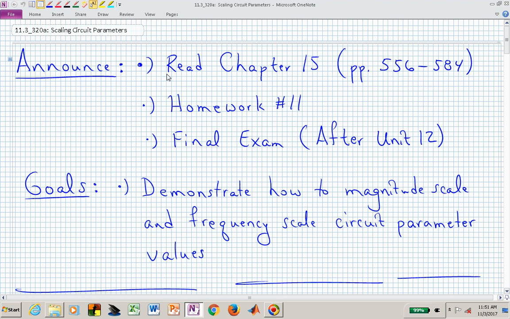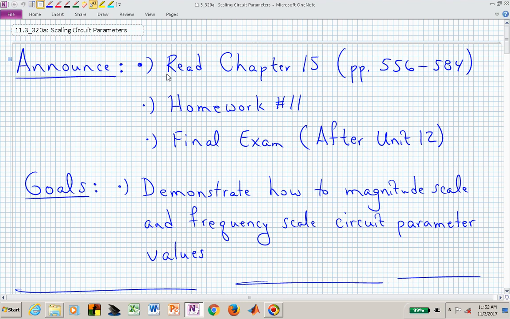So now with the magnitude scaling and the frequency scaling of circuit parameters, we will actually be able to make that happen. We'll be able to achieve the frequency response that we want, even though we might be forced to use a particular parameter value of, let's say, 1 microfarad for a capacitor. Once we've locked in the capacitor, that now imposes particular values for the resistors and the inductors.